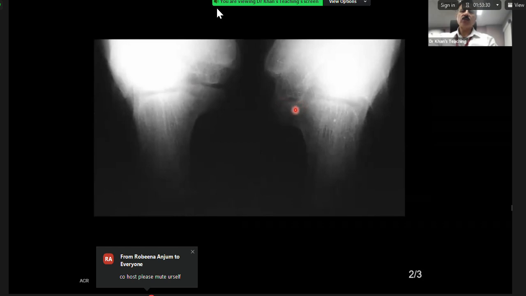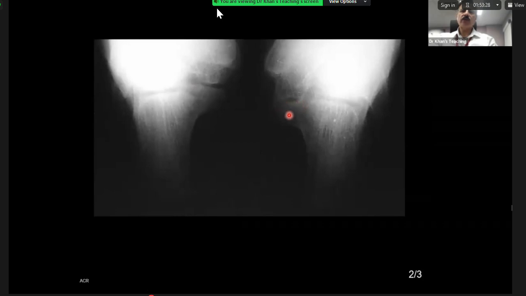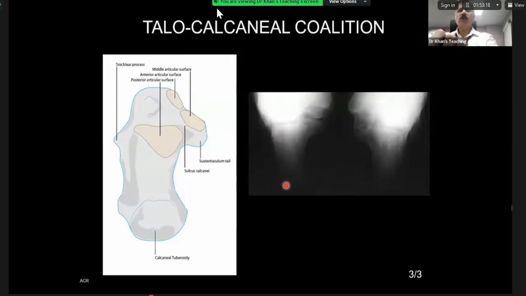Look at the joint space. The joint space is reduced, irregular. Look at the marginal sclerosis. So indirectly, there is a coalition, but this coalition is not bony. So this is subtalar coalition.